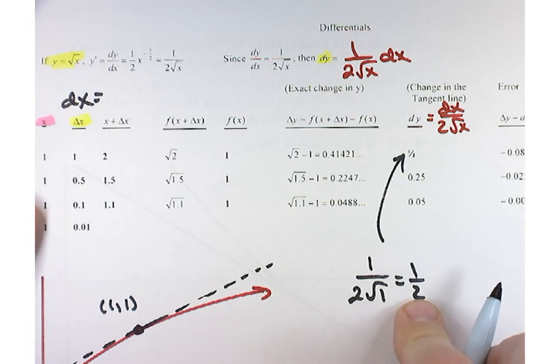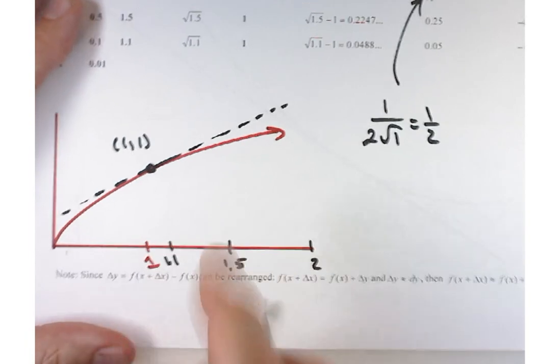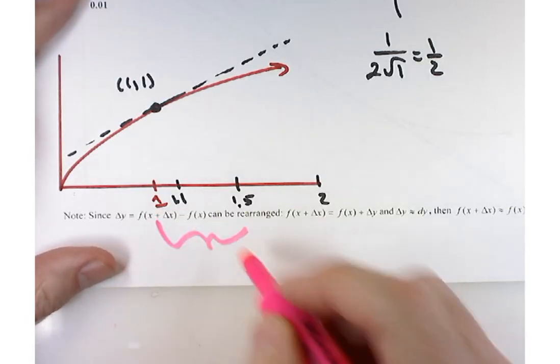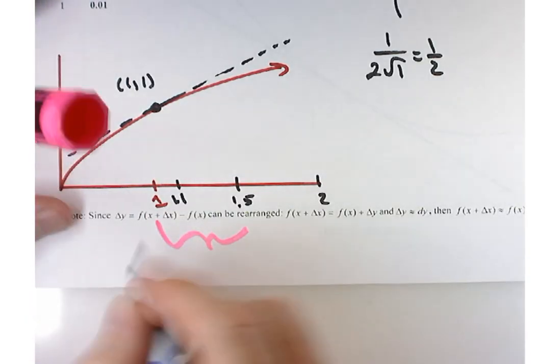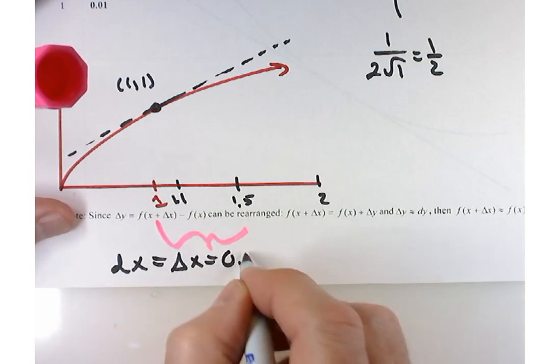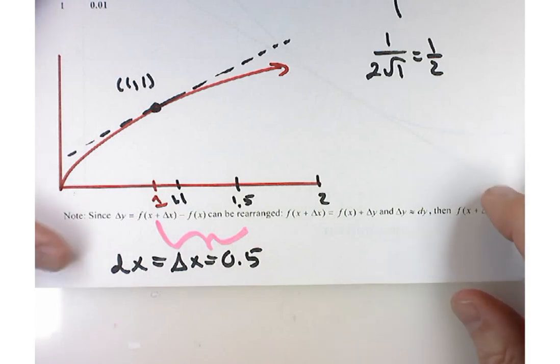So while the exact change in the function was 0.4, my estimate of that change is 1/2. Well, not so great. Not terrible, but not great. What if we made this closer? What if we made this my delta x right here? So delta x, which is dx, is 0.5. Now how does that change things?